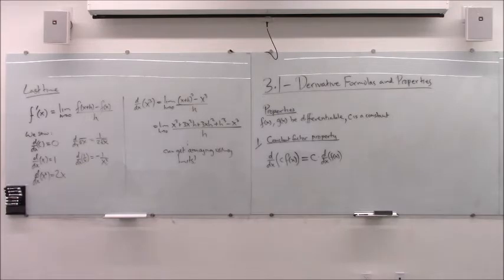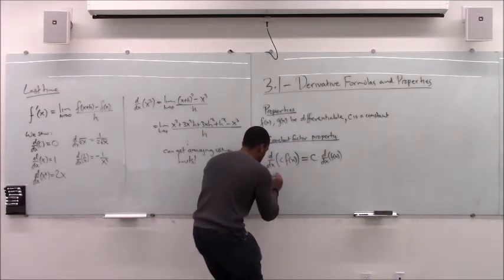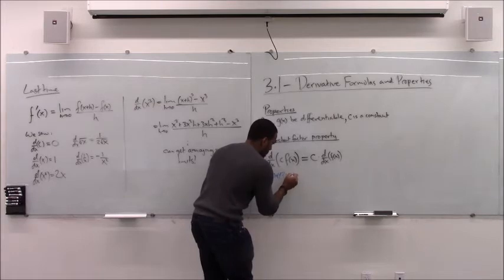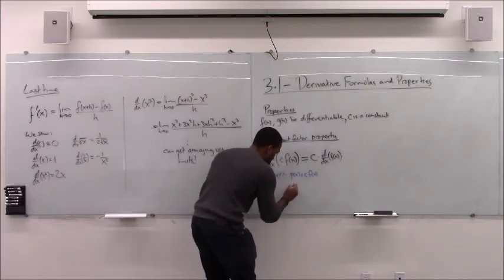And if you're curious as to why, it's actually not that crazy. So if you had some function p equals a constant times f of x, what would p prime look like?